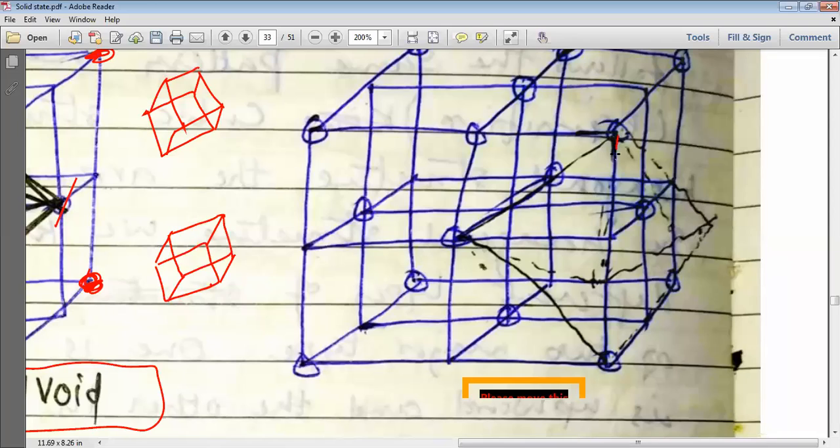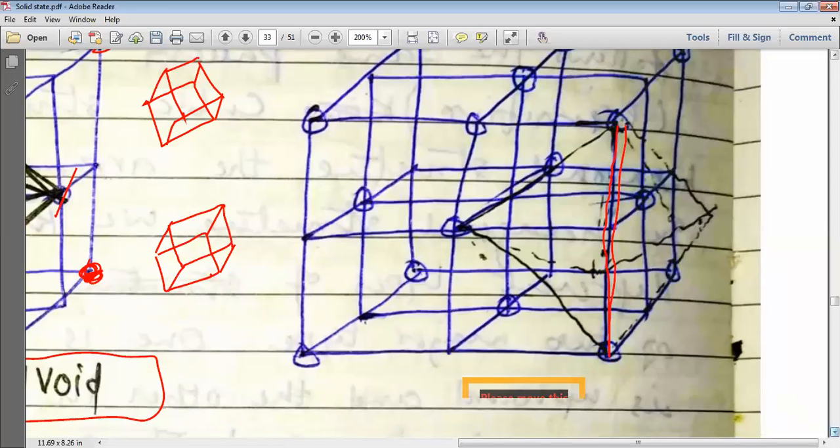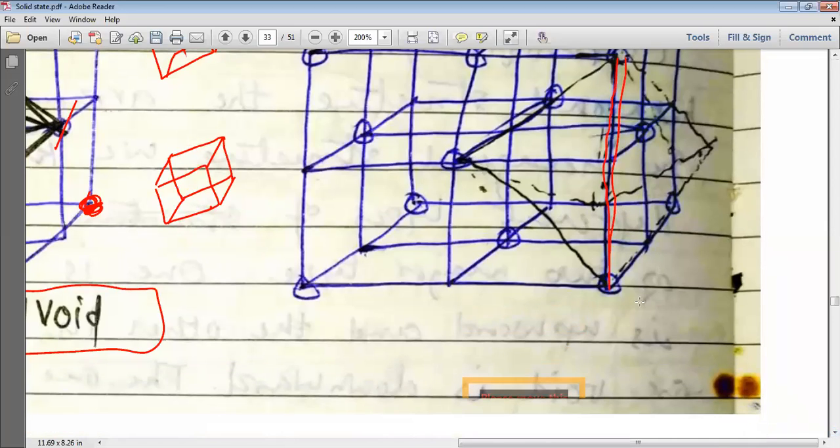On each edge, my dear student, we have this type of octahedral void, which I have shown you with the black pen. Can you see this black pen octahedral void? Yes, sir. Very good.